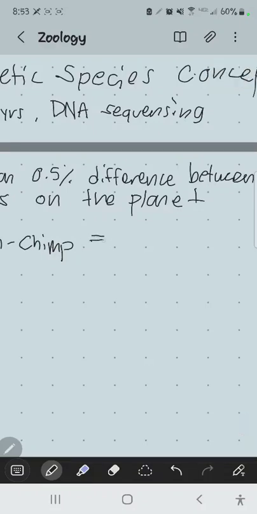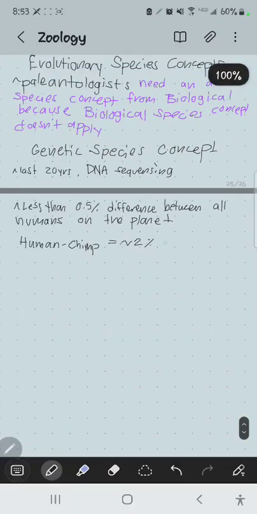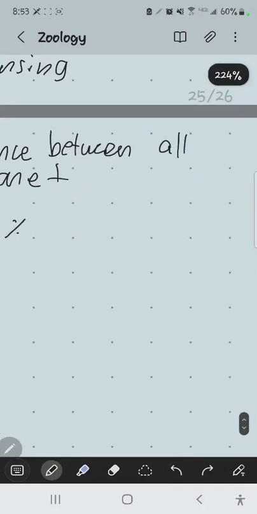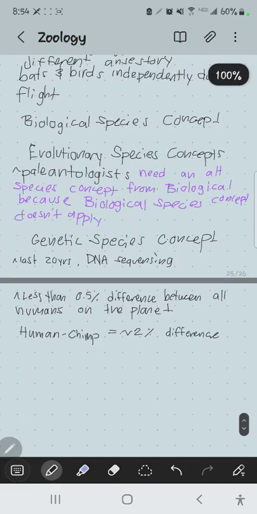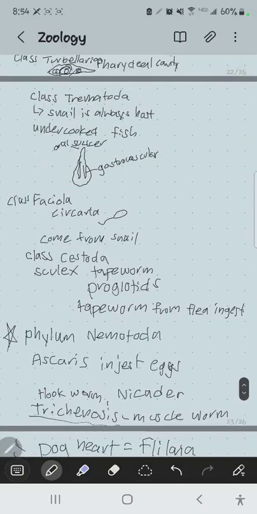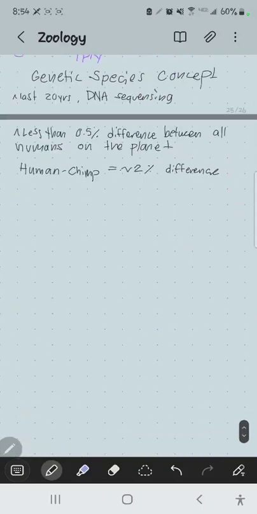Because we like to talk about ourselves, this 2% has been used as a threshold or benchmark: if you have a 2% or greater DNA difference, you're considered separate species. If you have less than a 2% difference, you're considered the same species.